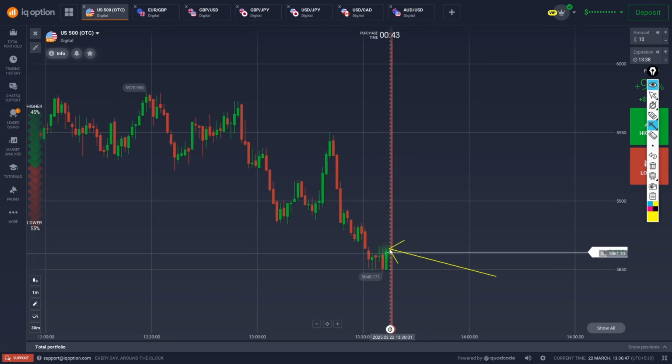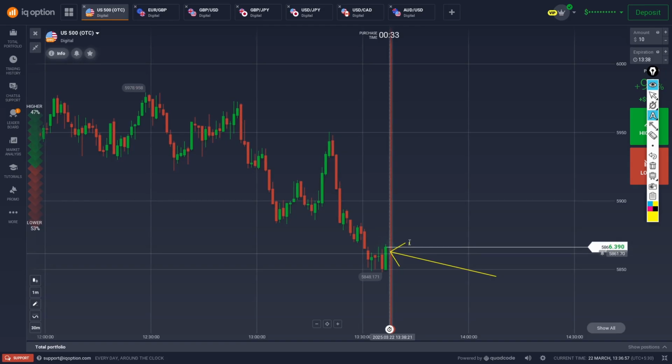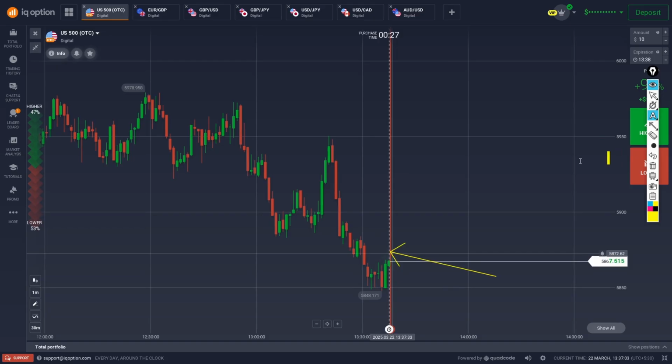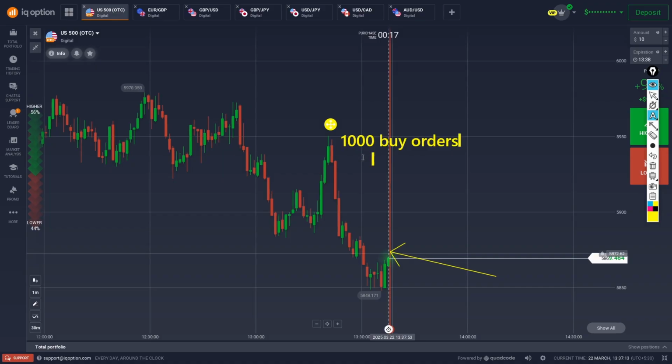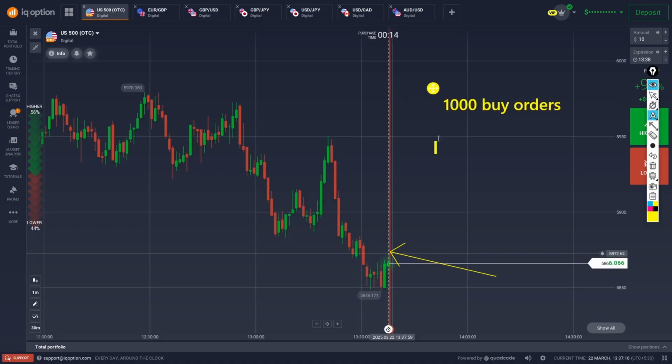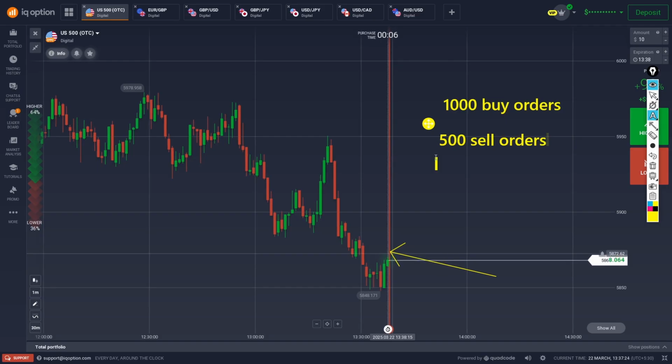In the current scenario, you can see that the price is moving here. Suppose at this very moment we got around 1000 buy orders and 500 sell orders.